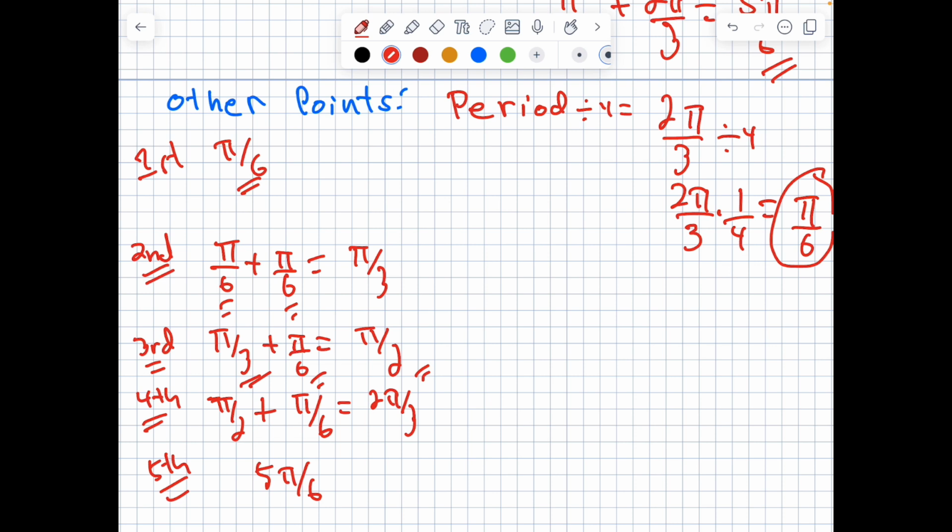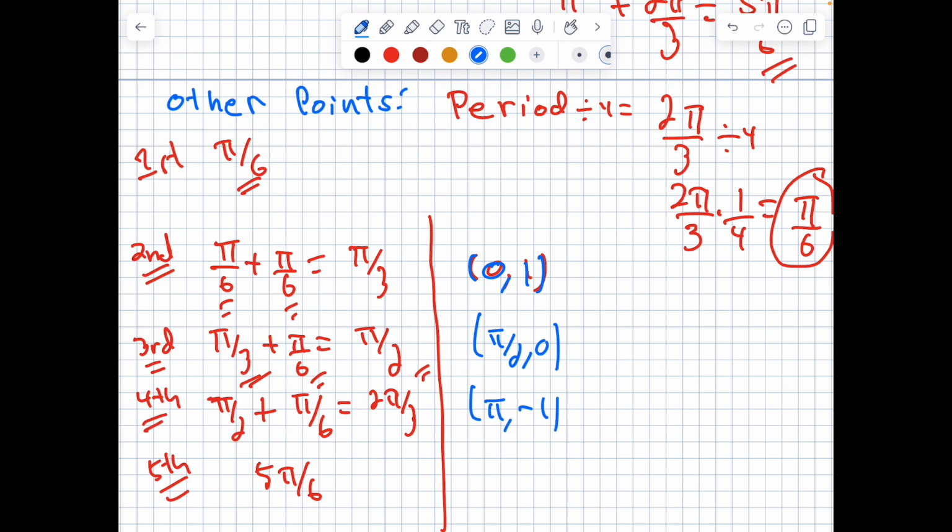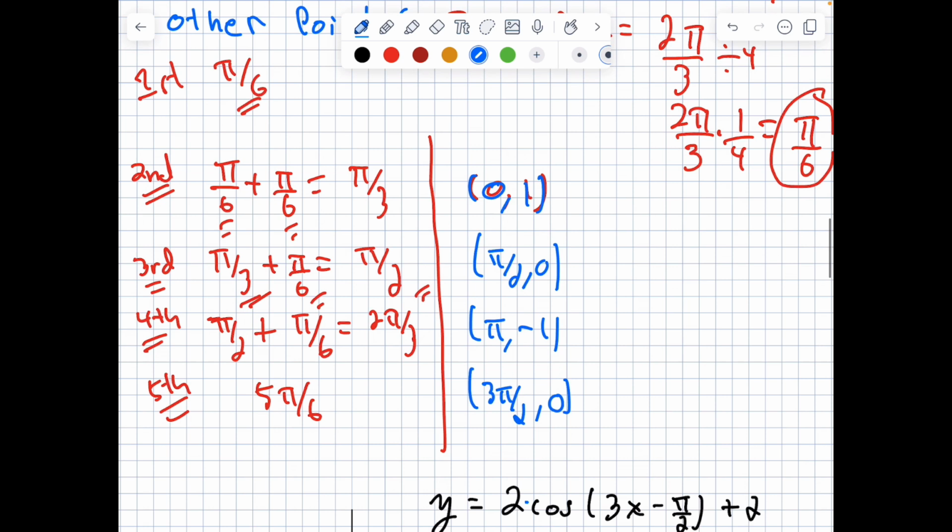And essentially what we've done here is we've transformed the points which were originally 0, 1. Let me do this in blue. 0, 1. Pi over 2, 0. Pi, negative 1. 3 pi over 2, 0. And 2 pi, 1. We basically transformed the x values.